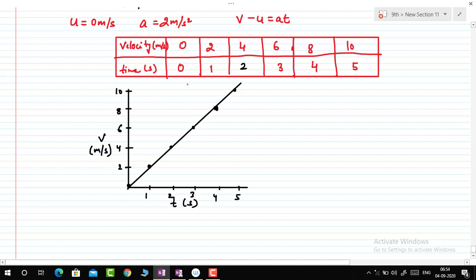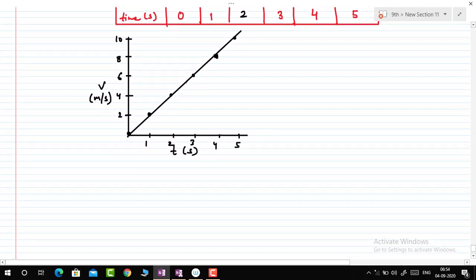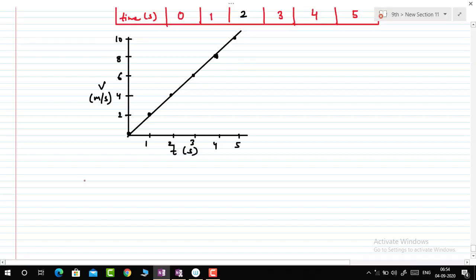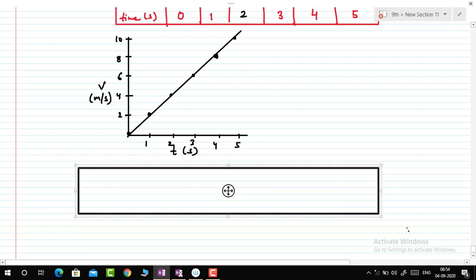Now to draw the displacement time graph from the velocity time graph, again we need to draw a table relating displacement with the time. So this is displacement and this is time.